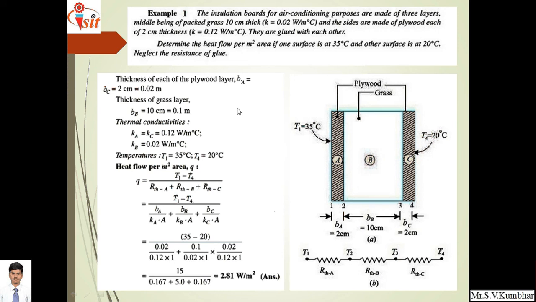Per meter square means area is 1, plus 0.1, that is the thickness of glass, divided by 0.02, that is thermal conductivity of glass, into 1, area is not given. Per meter square area means A is equal to 1, plus 0.02 divided by 0.12 into 1. So after solving this, we will get the heat flux, that is heat transfer per meter square area, as 2.81 watt per meter square, right?